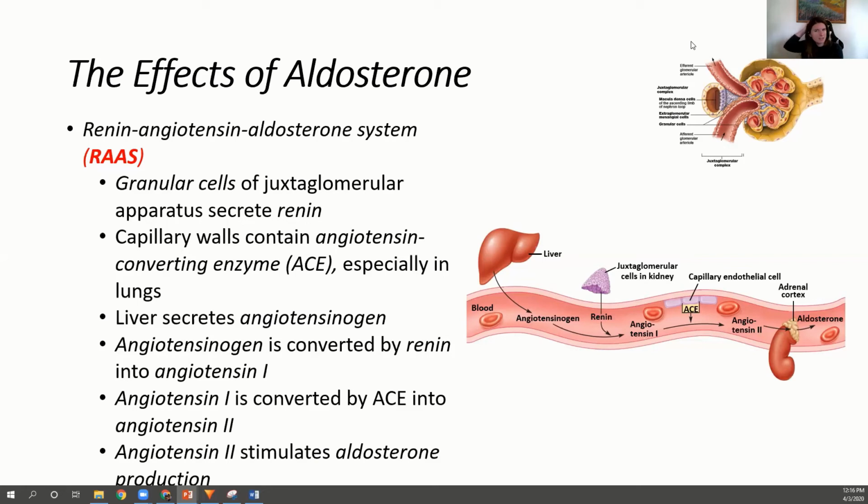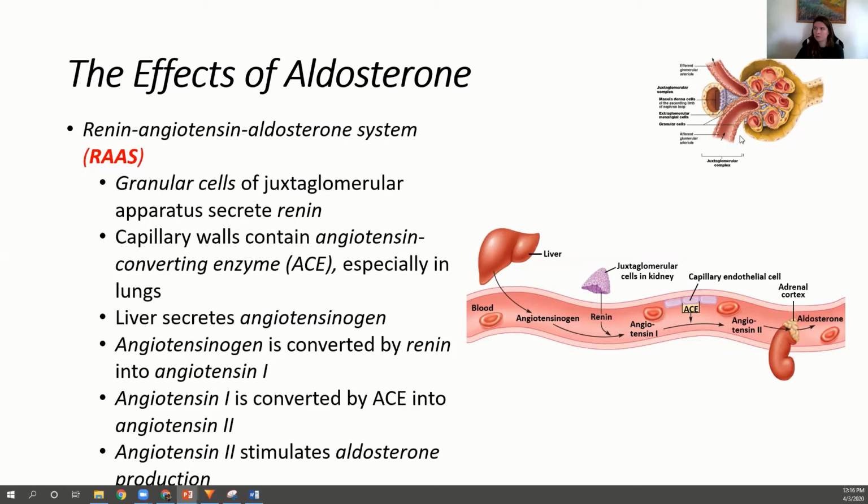But our nephron is also squiggly and loopy. So our nephron starts here with Bowman's capsule. Then we have our proximal convoluted tubule, so it twists around. We'd have our loop of Henle, so we'd have our descending limb, our ascending limb. Then we'd have our distal tubule, and then our collecting duct going back down.